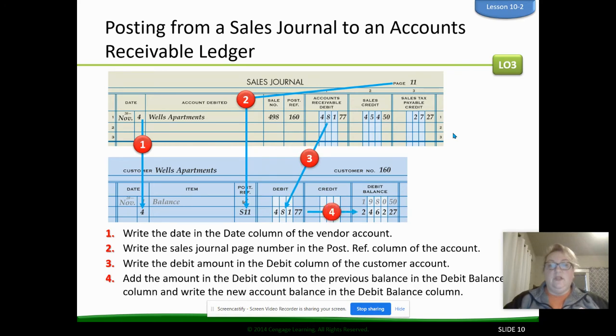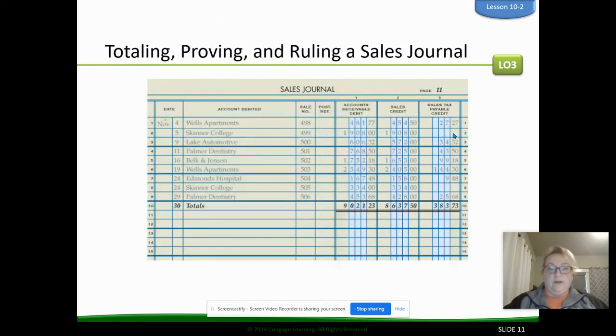All right, so this just shows how to update. We're going to do the same thing that we did for our customers as we did for our vendors. And you guys are all pros at our 5 steps of posting already. So once those individuals are posted, then we do the column totals. So then you would go to accounts receivable debit and post this total, sales credit, and sales tax.